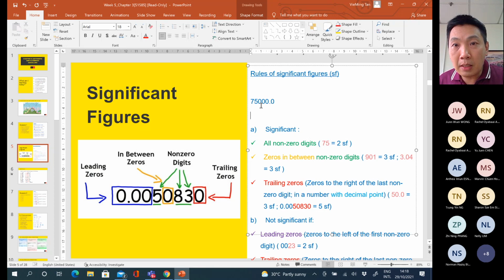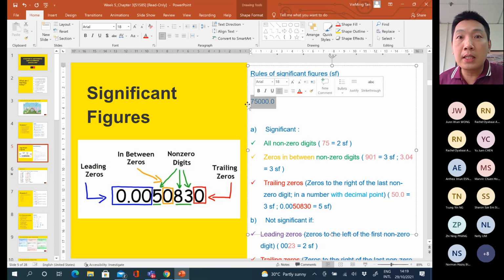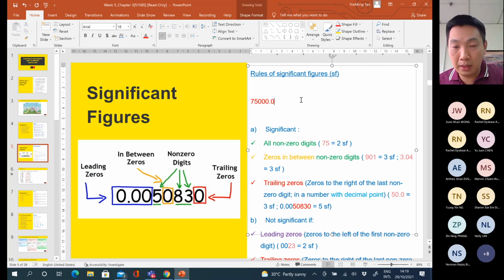Because this number has a decimal point and then a 0 at the back, all of this should be considered as significant figures. So how many altogether? 1, 2, 3, 4, 5, 6. So it's equal to 6 significant figures, because of this decimal point.